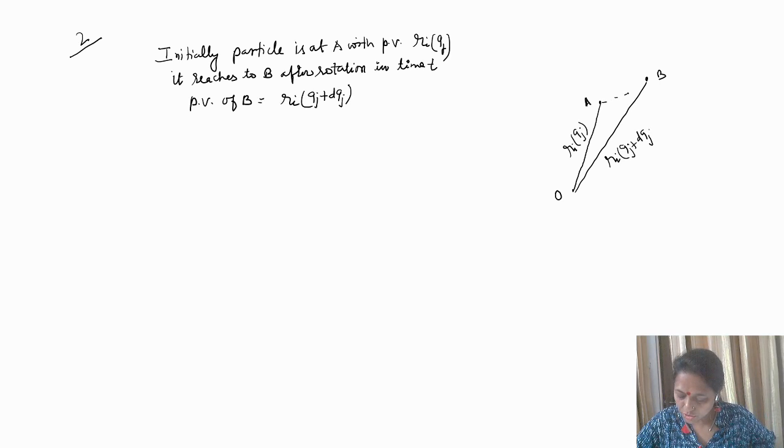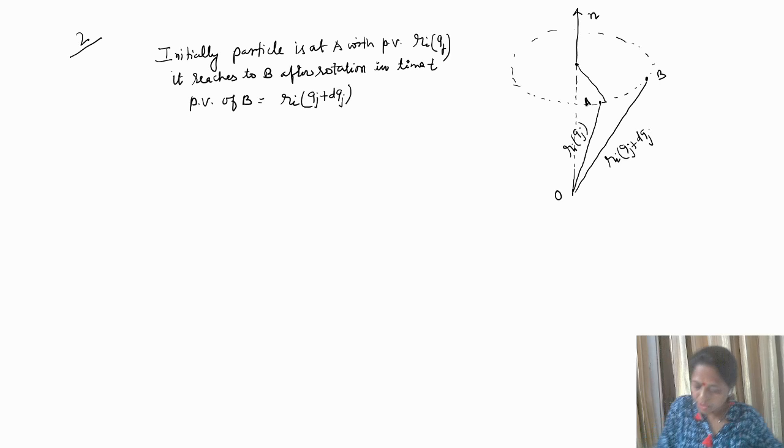Since it is a rotation, this will have its own plane of rotation, and for this plane of rotation there will be some axis along which there is rotation. So this is the axis of rotation, and let n be the unit vector in the direction of the axis of rotation.